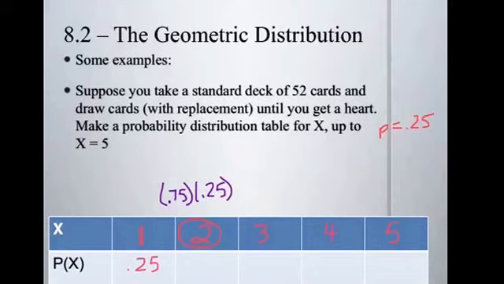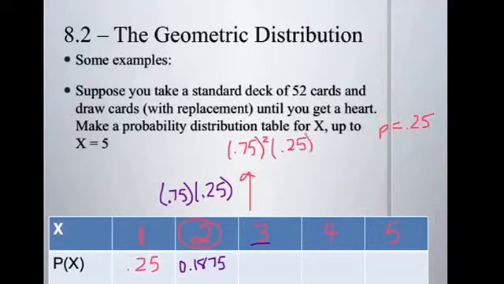And that gives me 0.1875. For x equaling 3, that's asking what's the probability that I don't get a heart on the first 2 tries, so 0.75 twice I didn't get a heart, and on the third time I finally did get a heart. And the probability for that is 0.14.